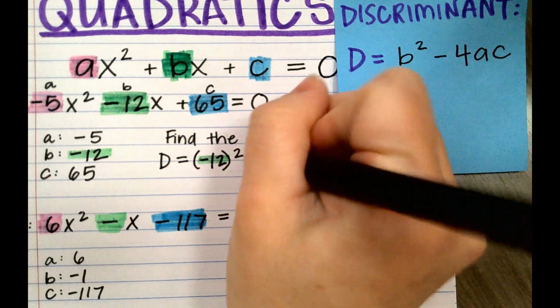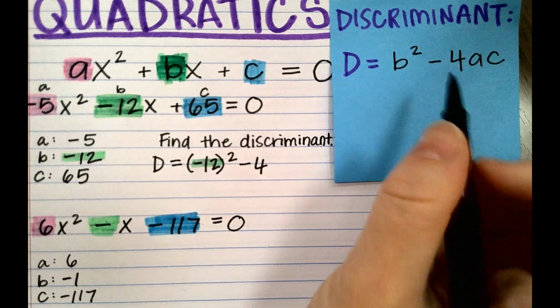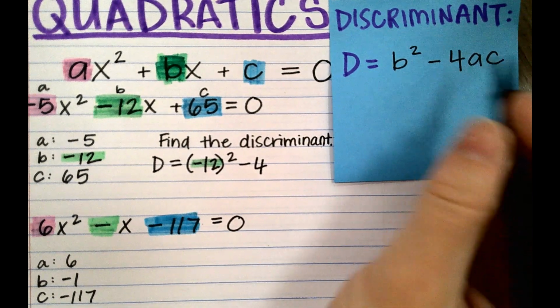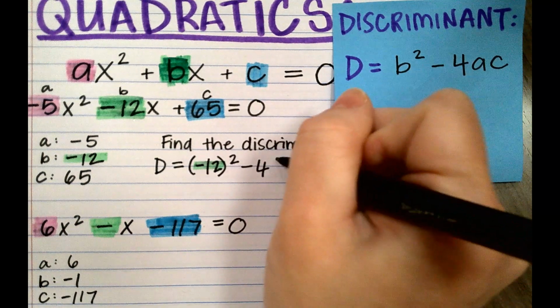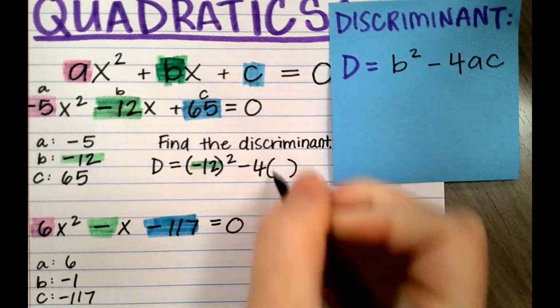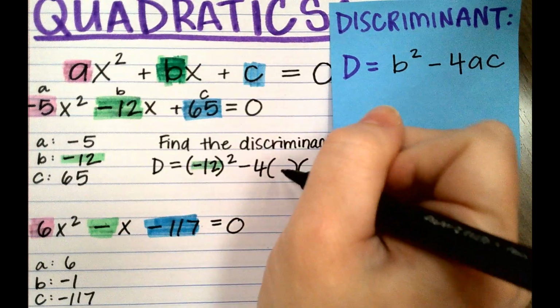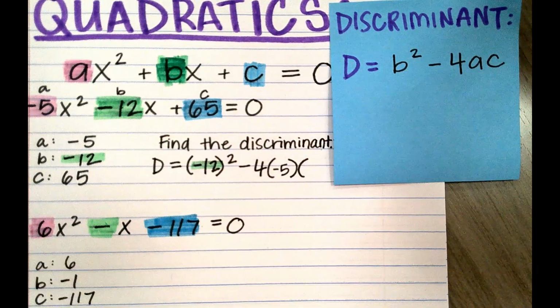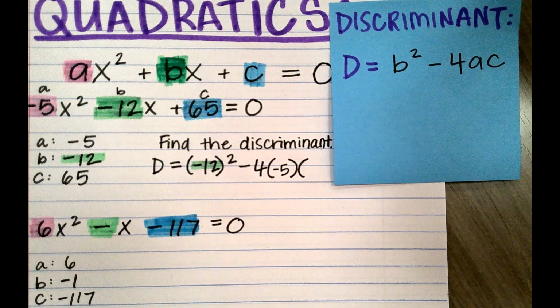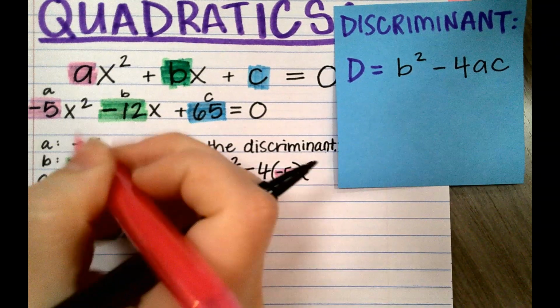That minus 4 will always be there. And then I have A and C, and those are being multiplied to that minus 4. So I'm going to put in parentheses for A, negative 5, and parentheses for C, 65. Good.